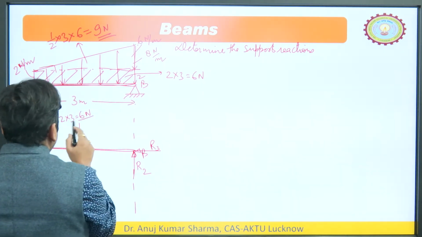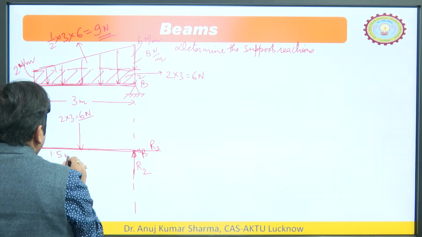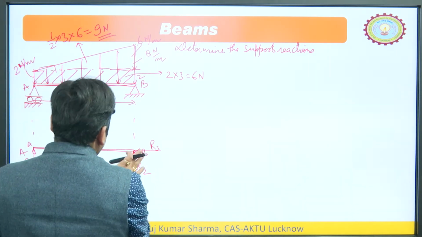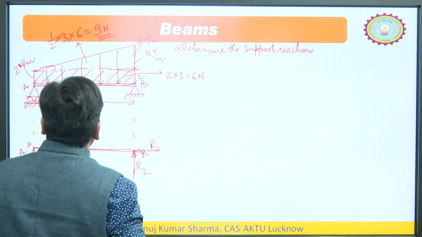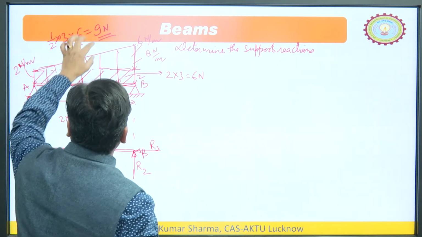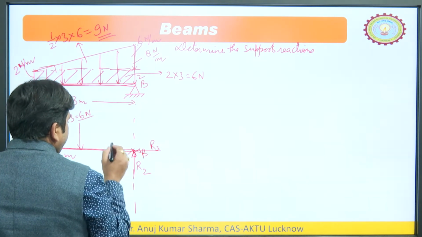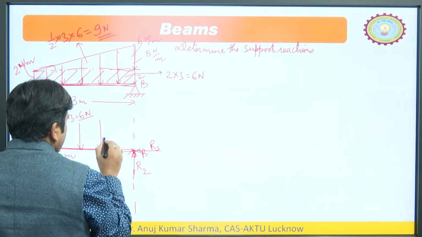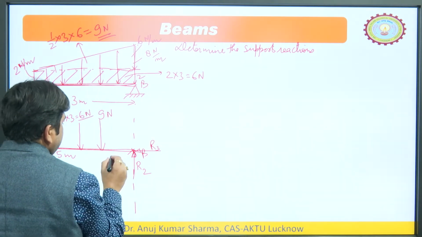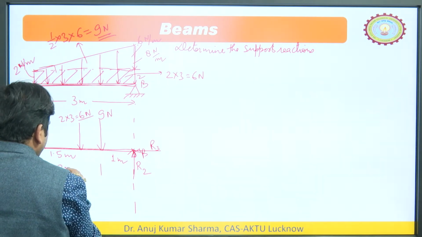Now, this is the 6 Newton, it will act 1.5 meter from this point A, and 1.5 from B definitely. Now, that triangle is of 9 Newton, where will it act? It will act 1/3 from this point. So, this is 9 Newton, 1/3 of 3 means 1 meter, and 2/3 from this is 2 meter.